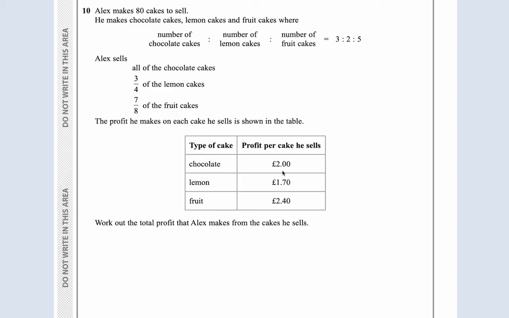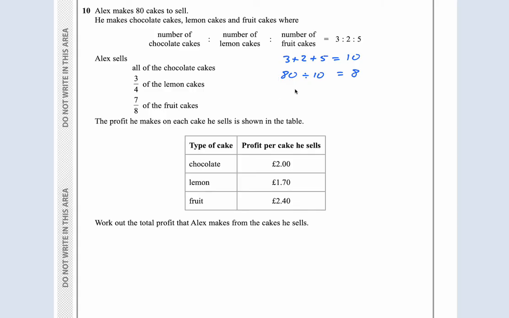Okay, obviously a lot of different things going on. The first thing to do definitely is to figure out the number of cakes in this ratio. So I'll just do my working up here, guys, but you do it down here. 3 plus 2 plus 5 is 10. Then we do 80 divided by 10, which is 8.